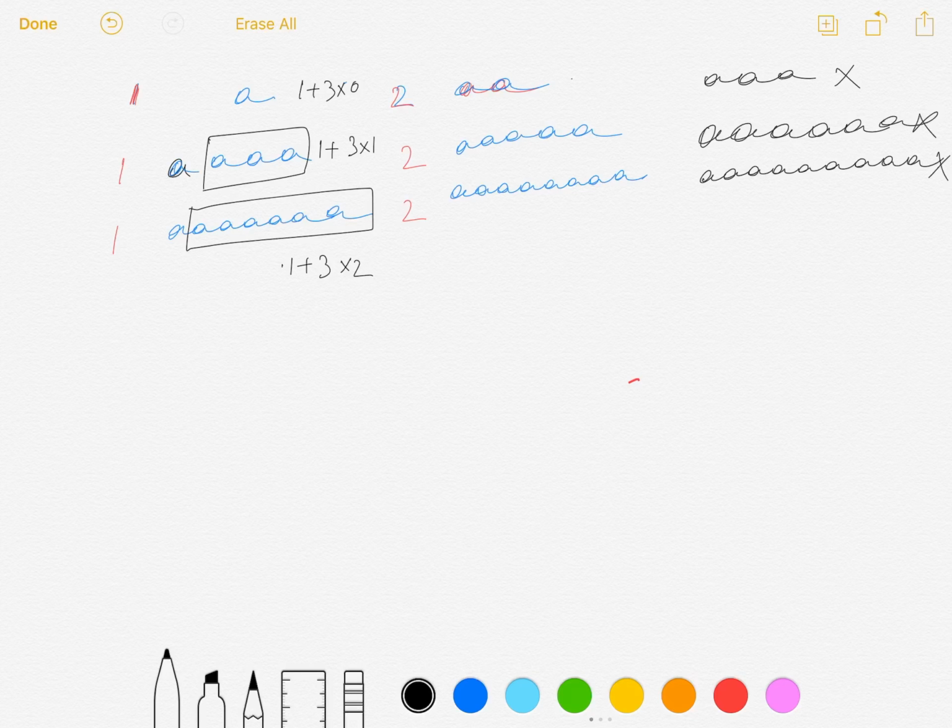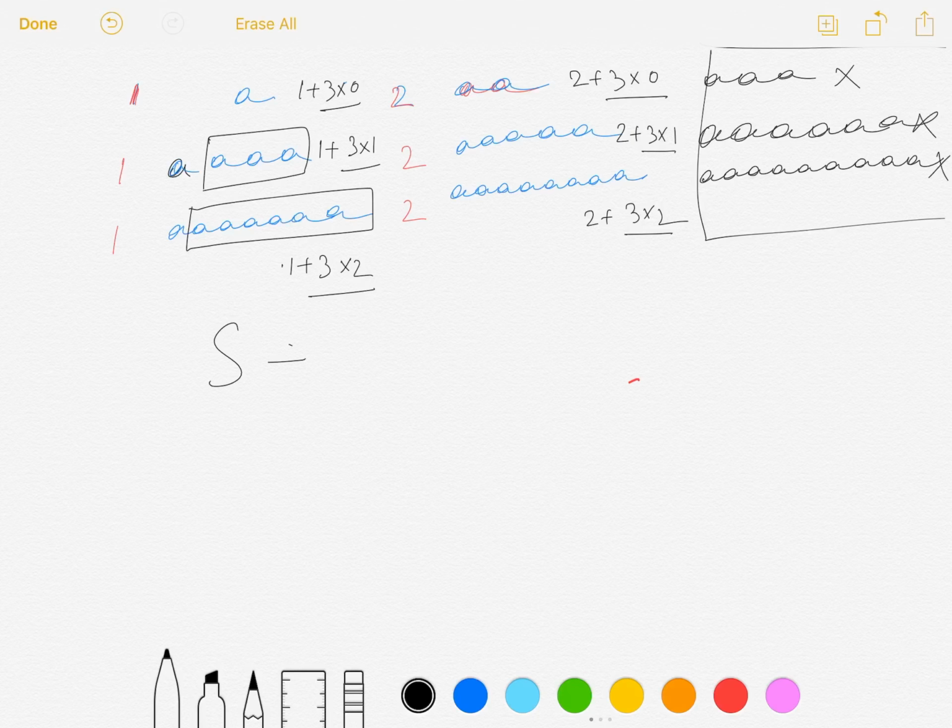Here I can write this one as 2 plus 3 into 0, here 2 plus 3 into 1, and here 2 plus 3 into 2, means that in this case it is an integral multiple of 3 with 1 extra a. In this case it is an integral multiple of 3 with 2 extra a, and as it is not to be accepted, I do not have to consider this one.